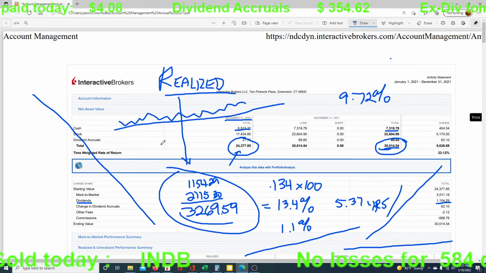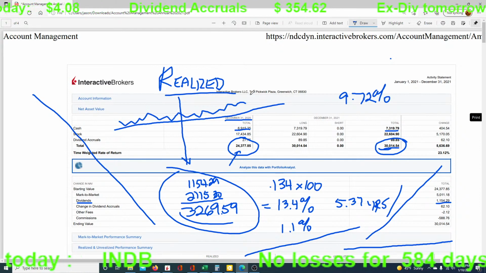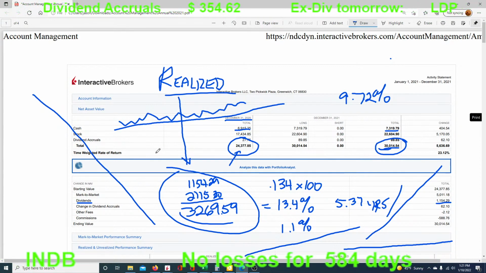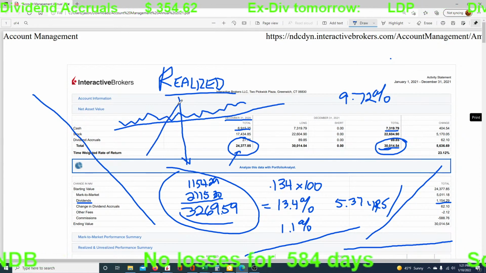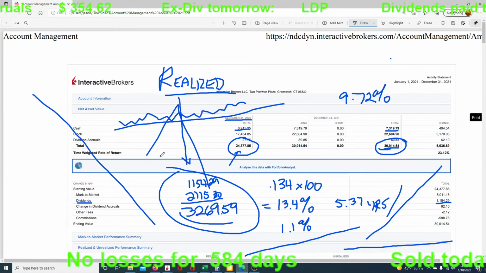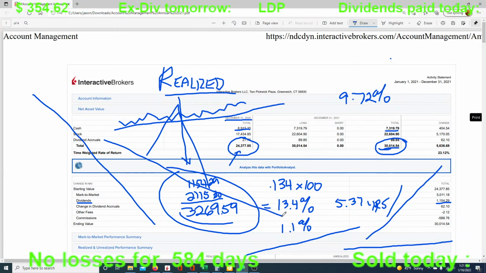Is your account growing? If you can't do this, you're losing money. People say, oh yeah, I made 150%, and then they lose 200%. That looks like a downward trend to me.